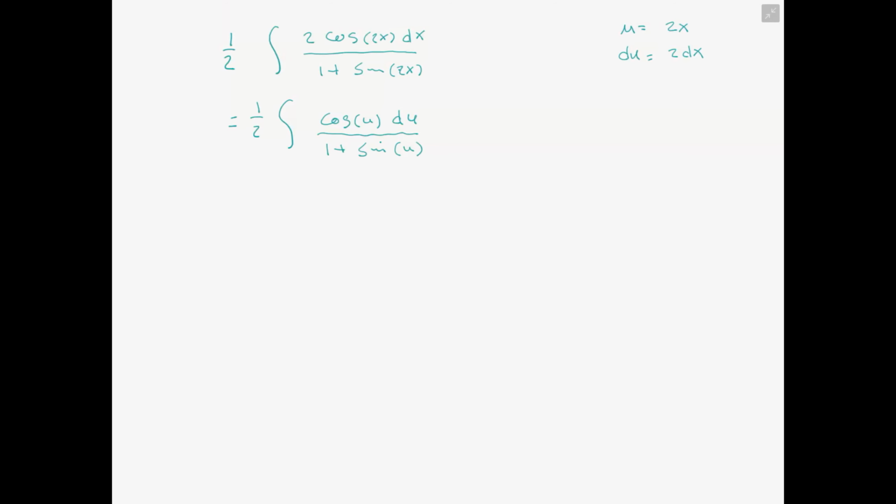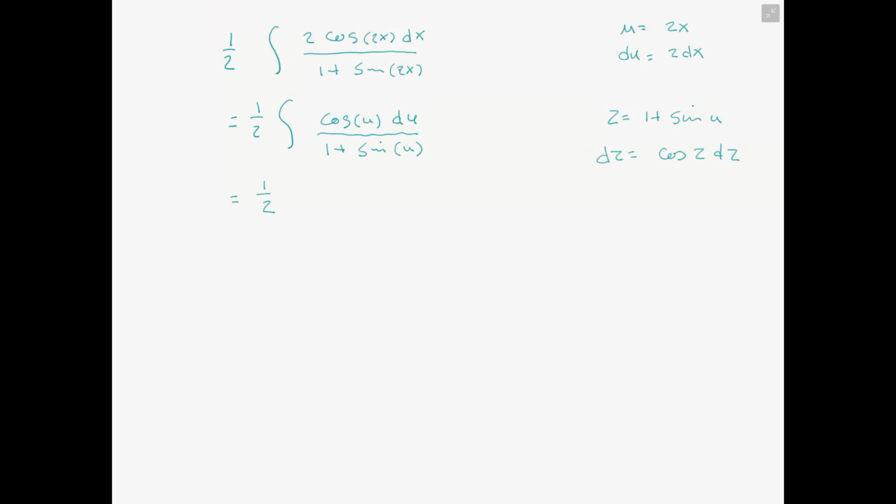And now we're back to that form in the previous problem. So let's say z equals 1 plus sine of u, and dz equals cosine u du.